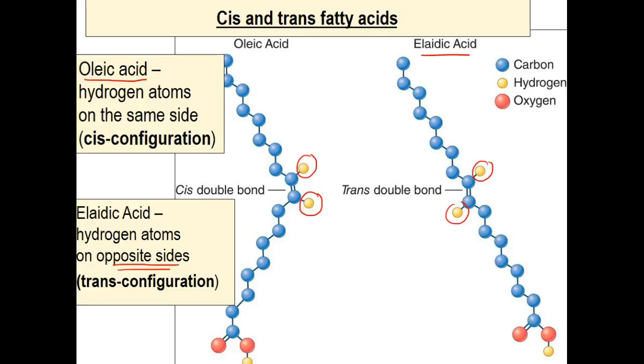They are straight, so the double bond does not cause the kink in the molecule because the hydrogens are in the trans configuration. And so these trans fats can lay pretty flat next to each other, forming a solid.